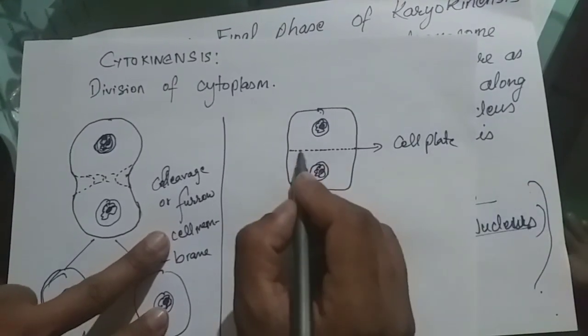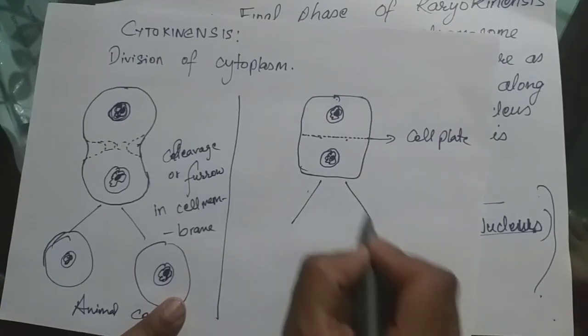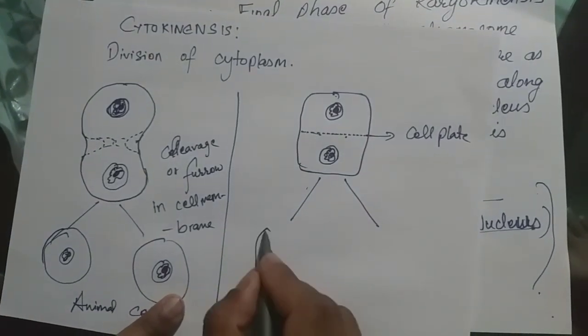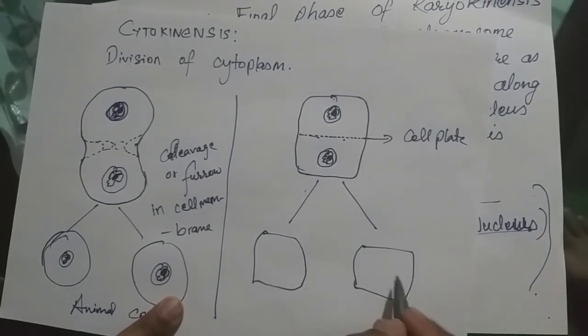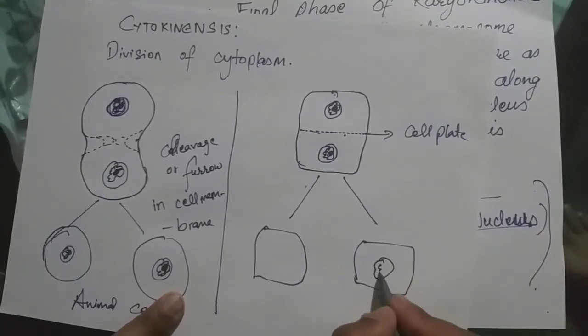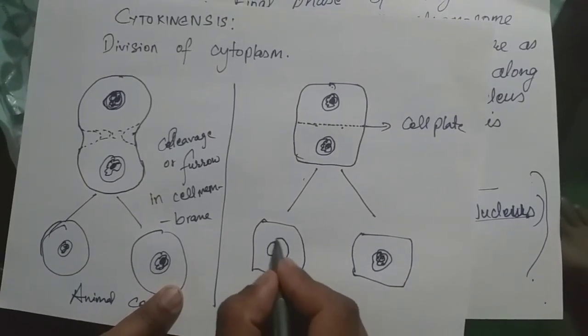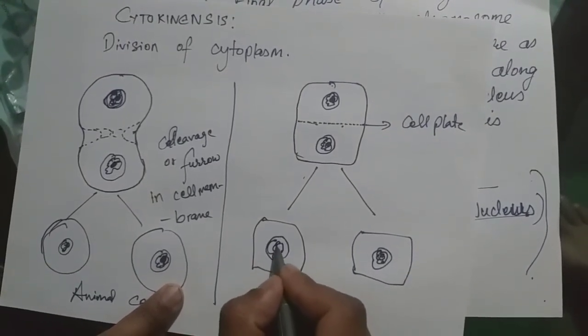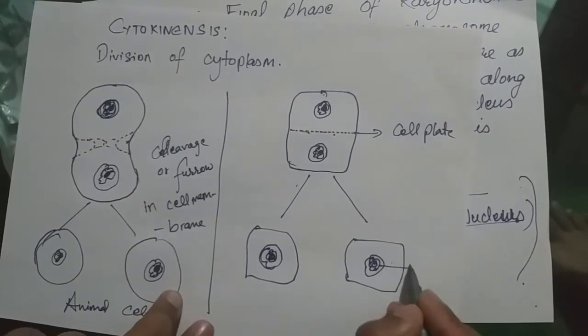By the formation of cell plate, the parent cell divides into two new daughter cells with proper nucleus.